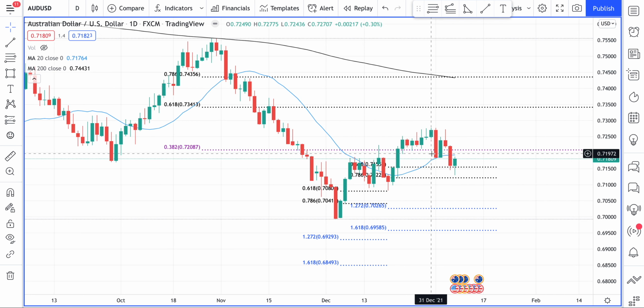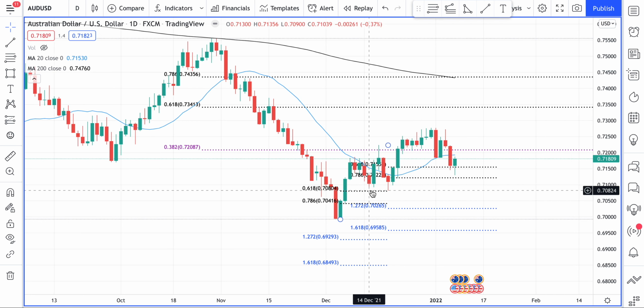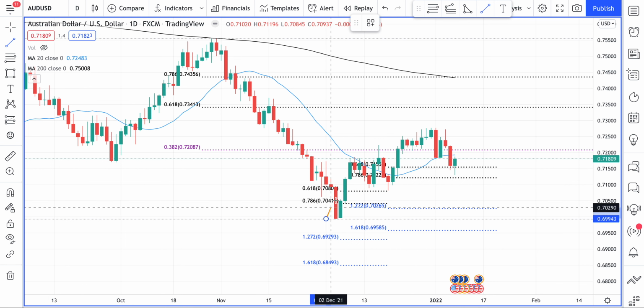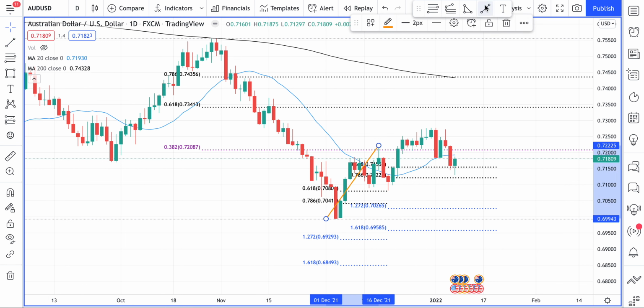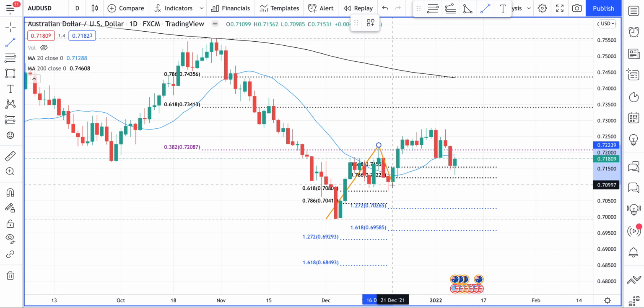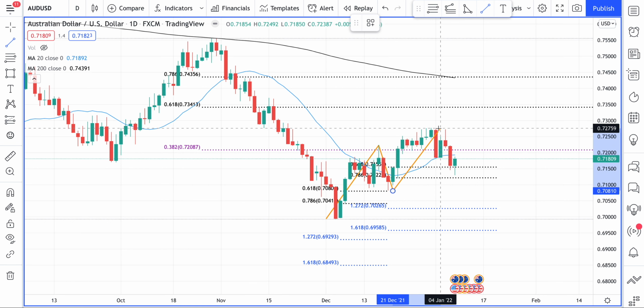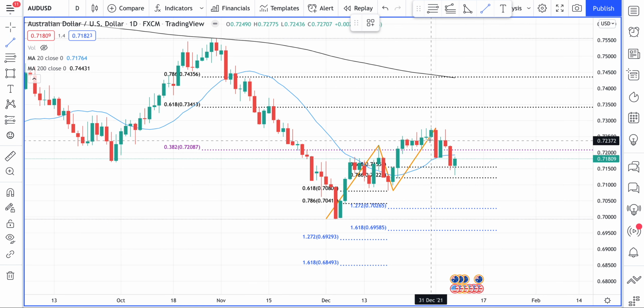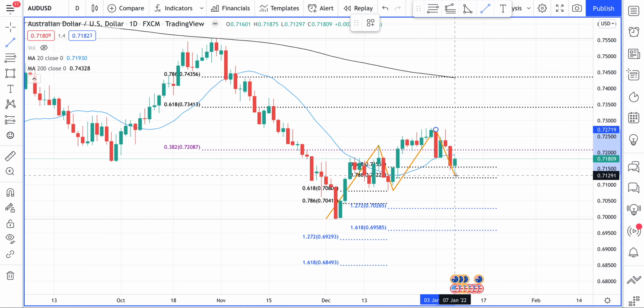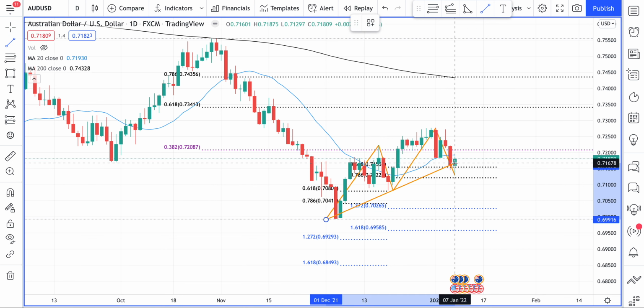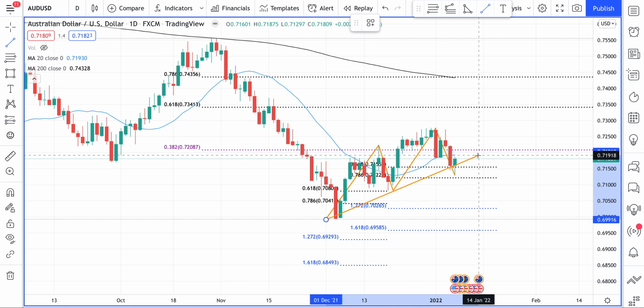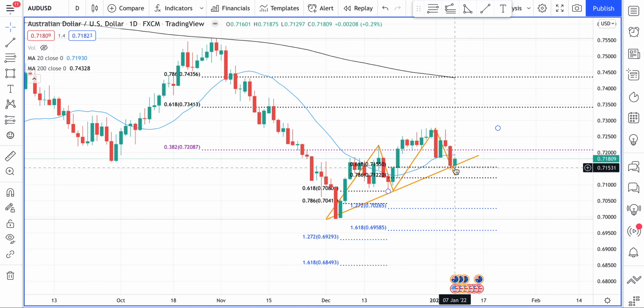And what we also see is that this candle here touched the 61.8% retracement of this move around here, and then it moved like this, then it moved like this, and then it moved this one like this. So if we were to connect all of this, it closed above this trend line as well.